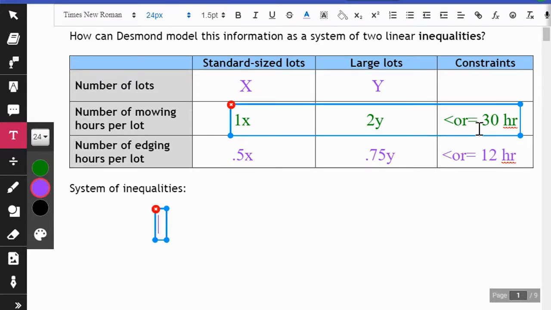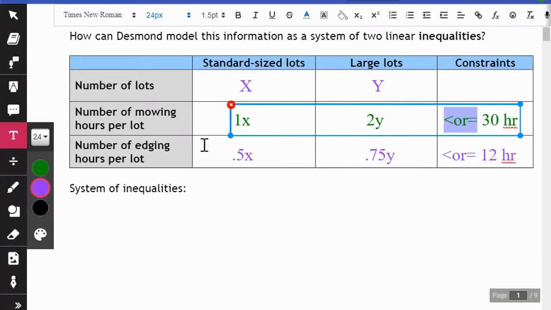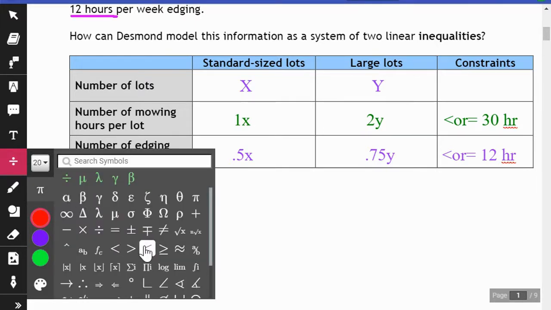We just have to write it, and I don't have a way, I might actually look this up. Actually, I could do this, I think. I'm going to try this. 1X, which is just X, plus 2Y has to be less than or equal to, hey, look at that, less than or equal to, yeah.